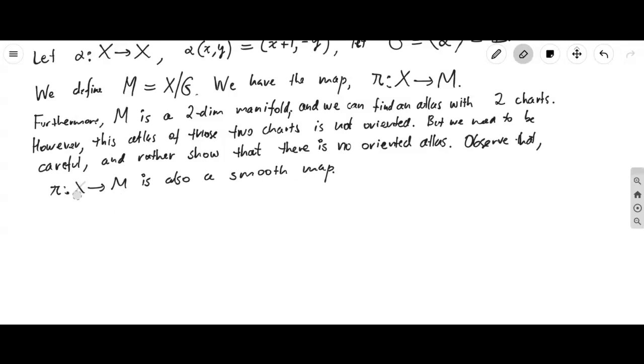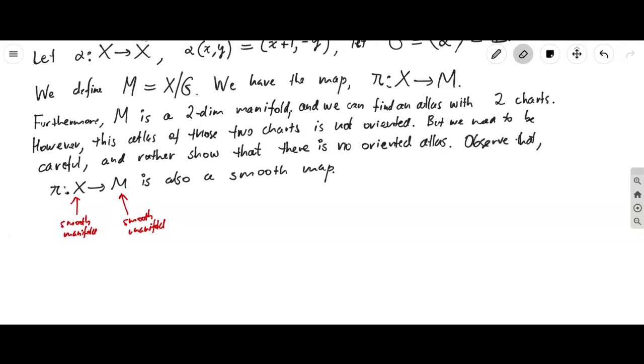So X is a smooth manifold for the simple reason that it's already an open subset of Euclidean space. M is a smooth manifold because we just explained why it's a smooth manifold without working through the details, but that's something you can check. So these are both smooth manifolds.